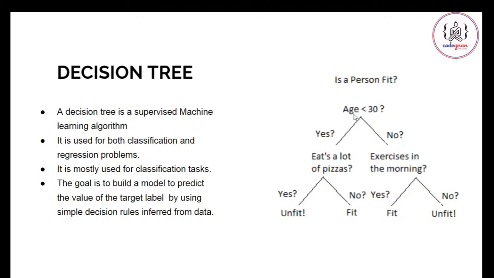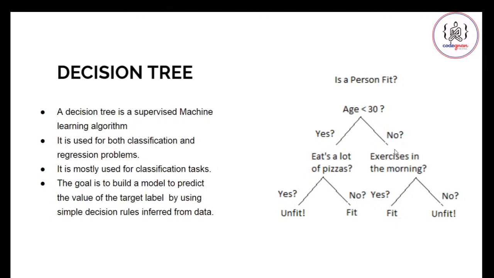At the root node, as we call it, we are checking whether the age is less than or greater than 30. If yes, does the person eat a lot of pizzas?